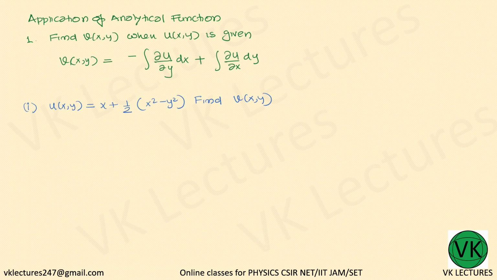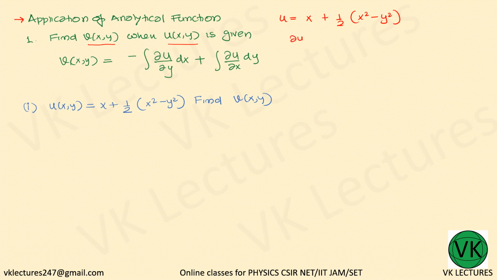Yes, we have a question from the analytic function application. v of x y is what we are asked to find and u of x y is what is given, and this is the formula: v of x y equals integral minus dou u by dou y into dx plus dou u by dou x into dy. Now here we have u equal to x plus half times x square minus y square.